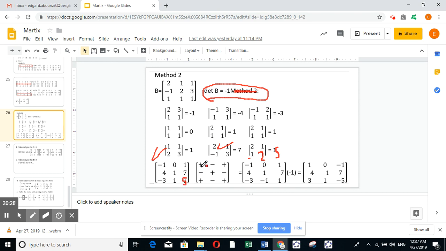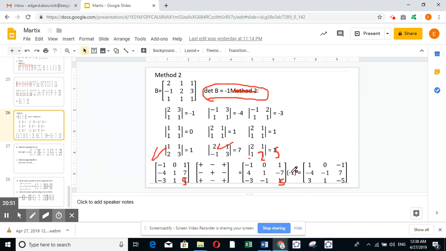Now what do I do? I put as I did before, plus, minus, plus, minus, plus, minus, plus, minus, plus. So minus 1, 0, 1, 4, 1, minus 7, minus 3, minus 1, and 5. Here I have 5.